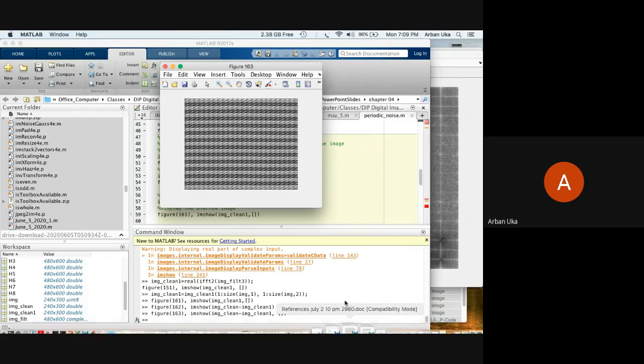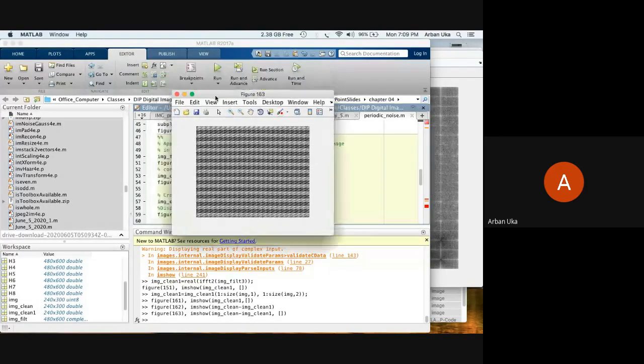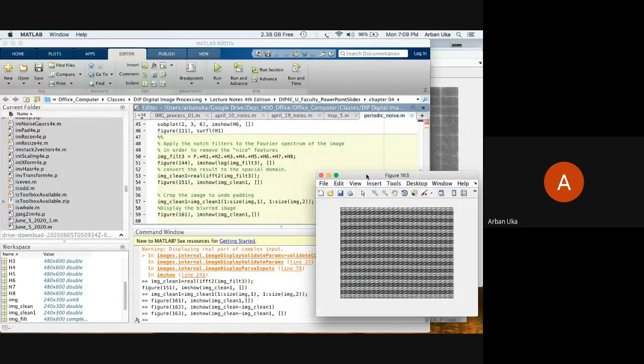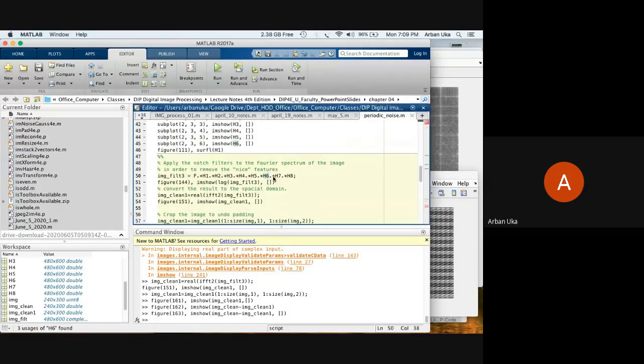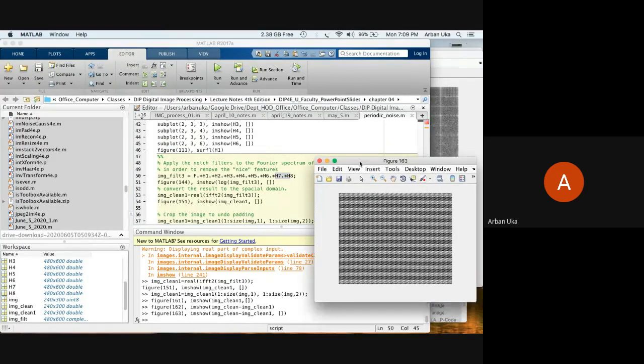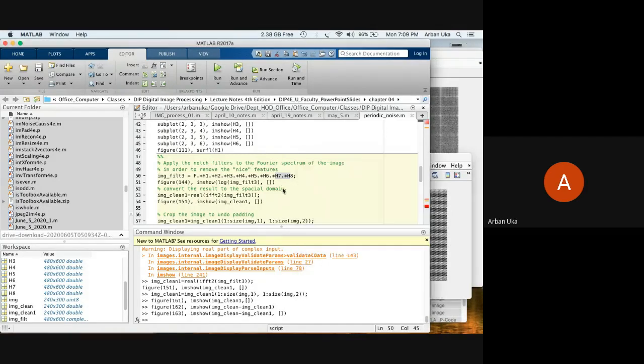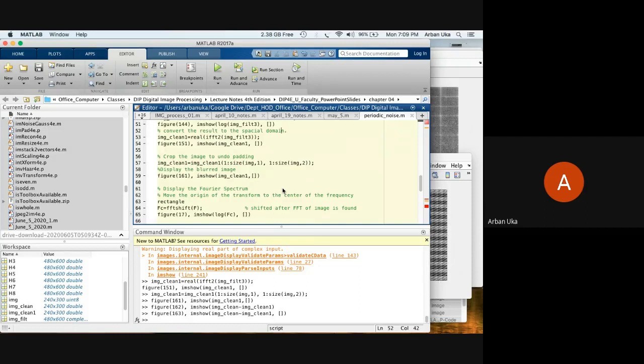So it looks like this latest frequency that we removed is carrying this much information. It's huge, actually. You see, this one in the real domain using filter H7 and H8 versus not using it, it is going to be this much of a difference. Okay, that is interesting. So this is how we can analyze and display the Fourier spectrum and move the origin to the transform.